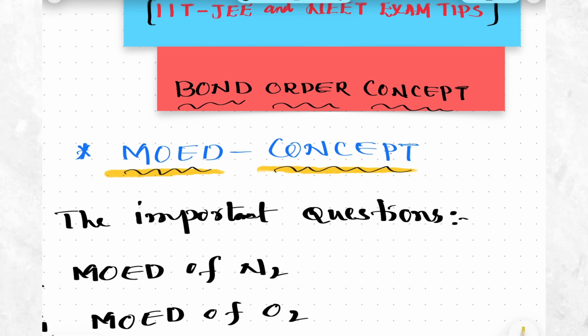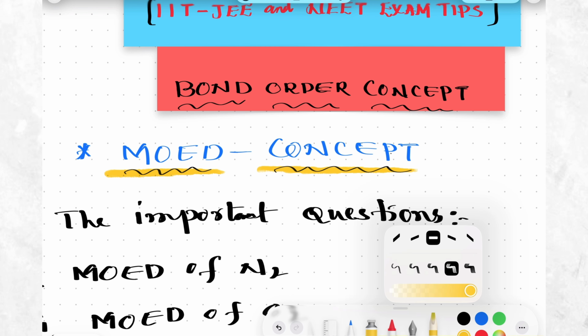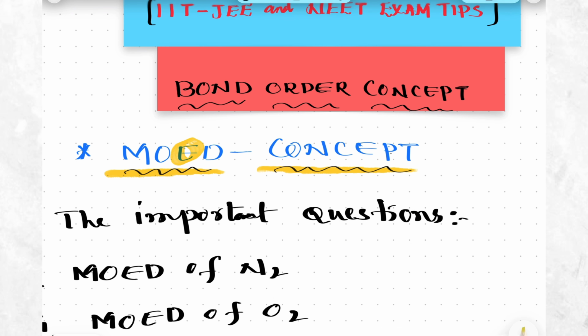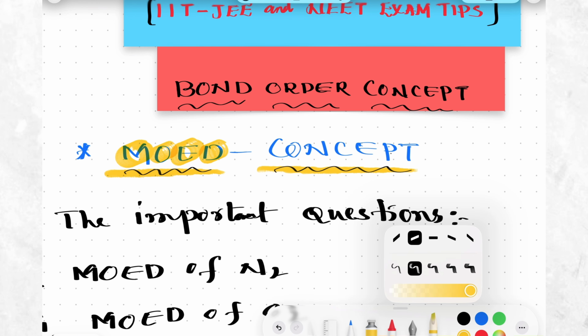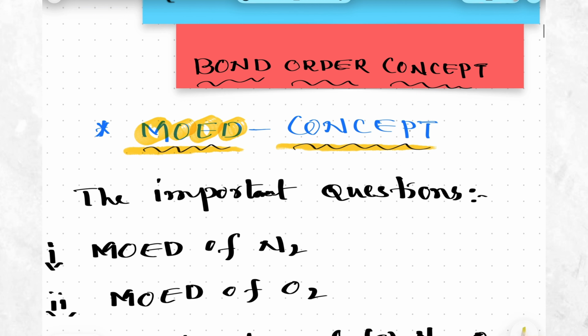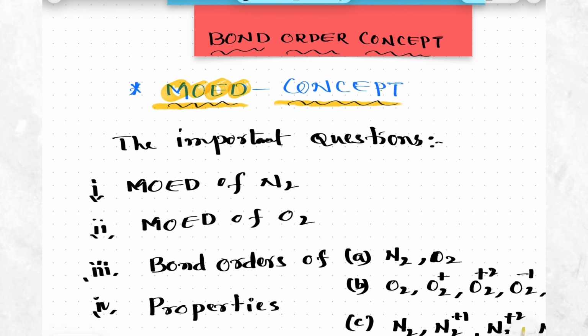So here M means molecular, O means orbital, E means energy and D means diagram. Clear, right? So that is the MOED concept, and we'll discuss it completely and clearly.